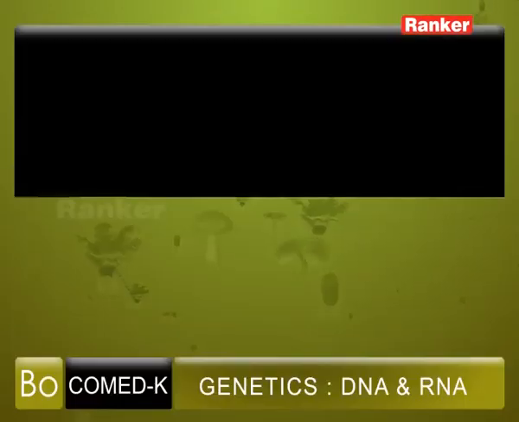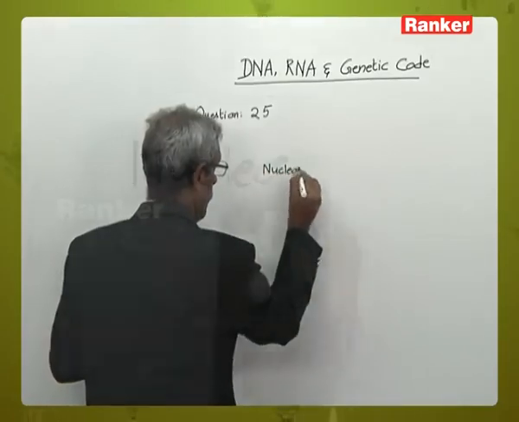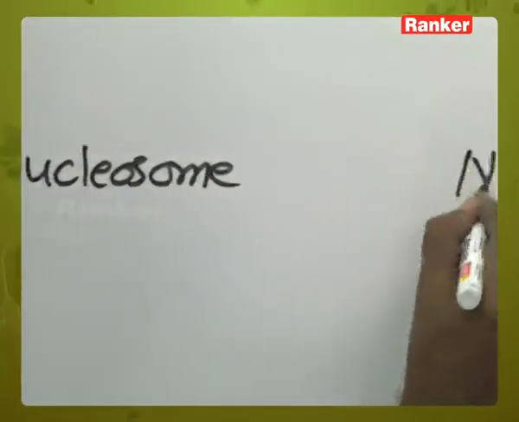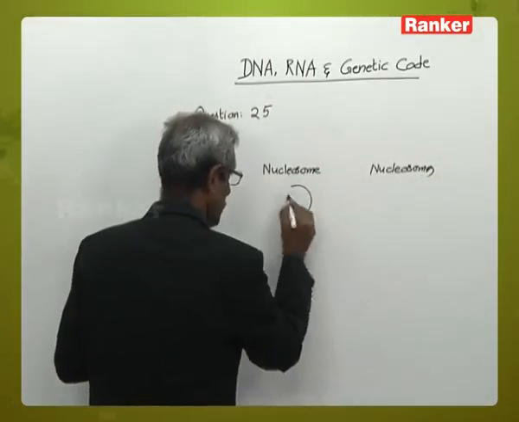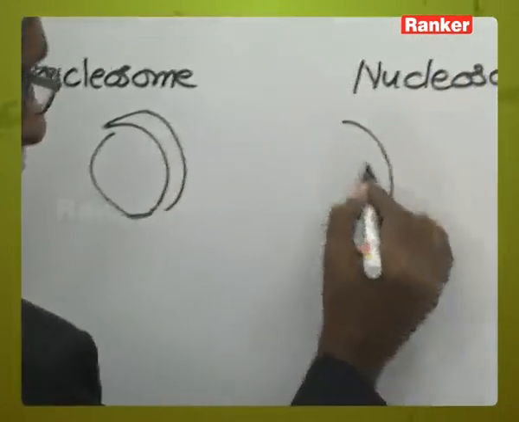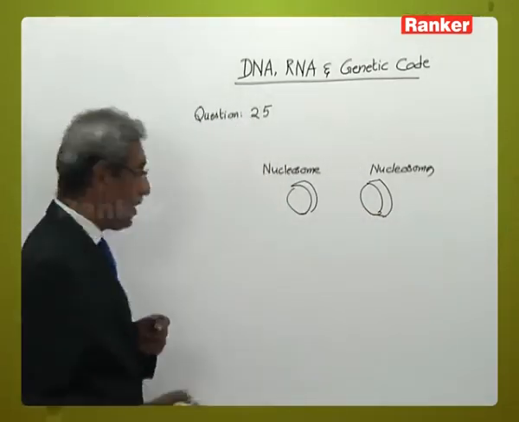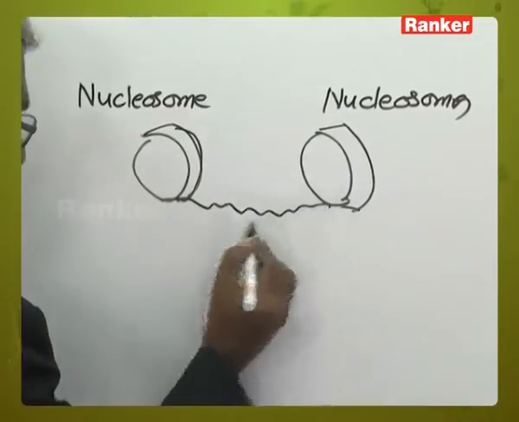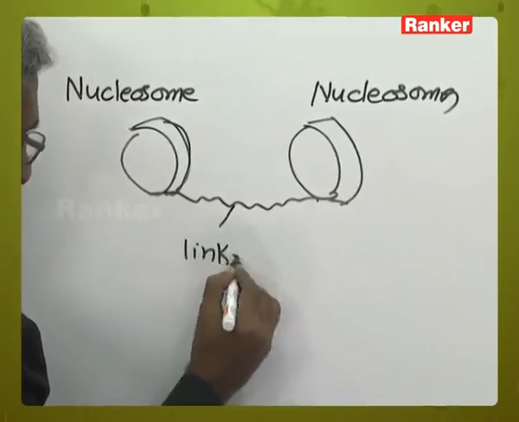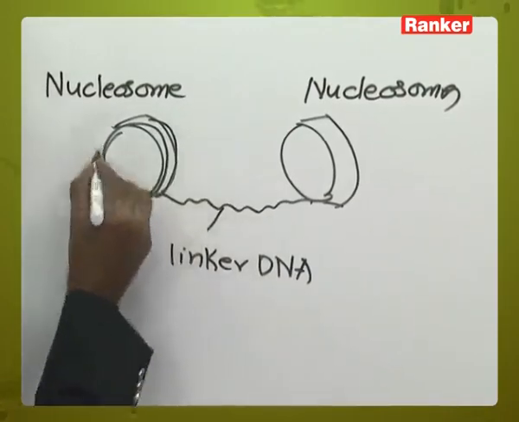Question number 25 looks at how 2 nucleosomes are joined. A nucleosome resembles a box, and both nucleosomes are joined by a linker DNA, which later coils around.